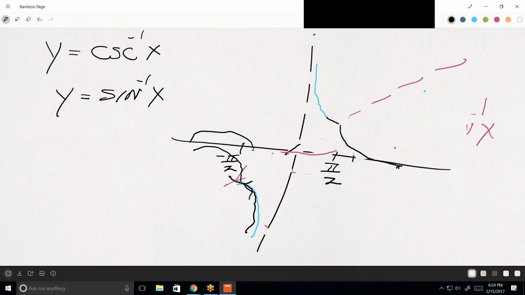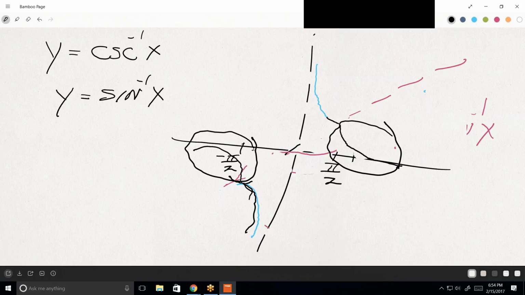So then the x-axis becomes the asymptote. There's your inverse function, and as in all inverses, your domain becomes your range, and your range becomes your domain. So whatever the domain was of the cosecant function, that's now the range of the inverse cosecant function.